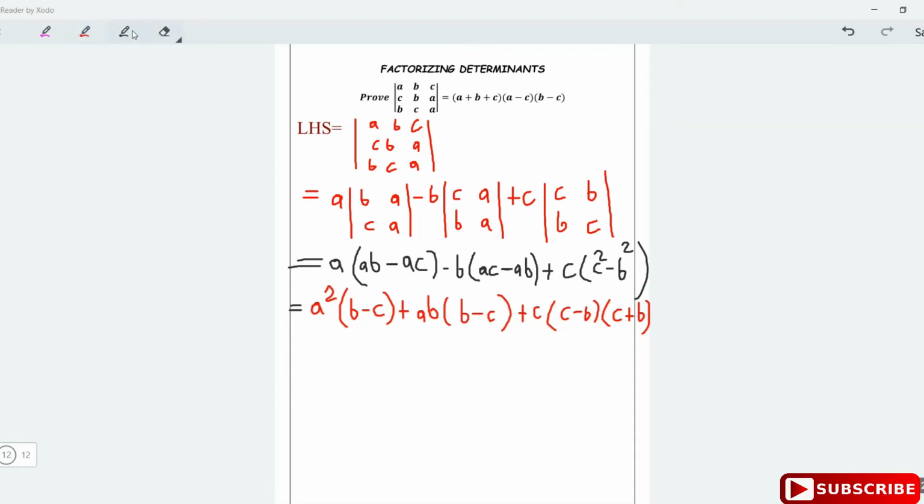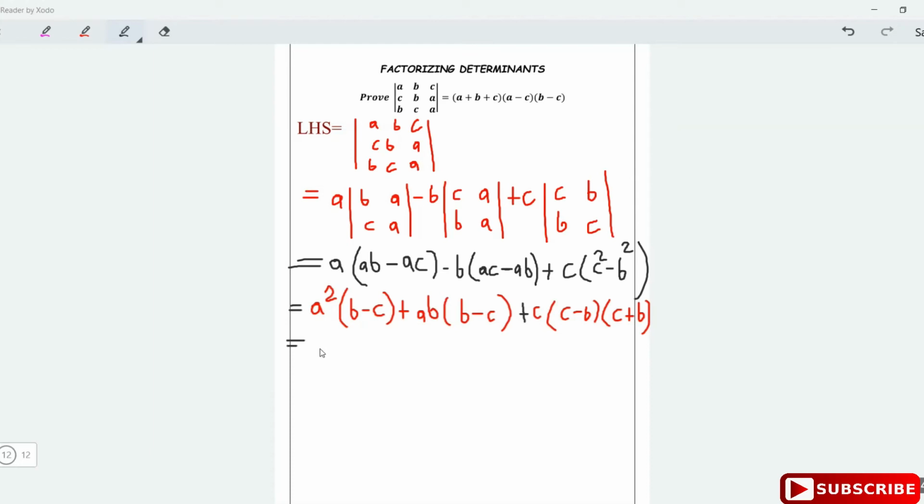Instead of writing C minus B, I'm going to multiply this by a minus 1 to change this to be a minus C. Let's just do it in the next step so we can follow. I'll keep the plus for now.